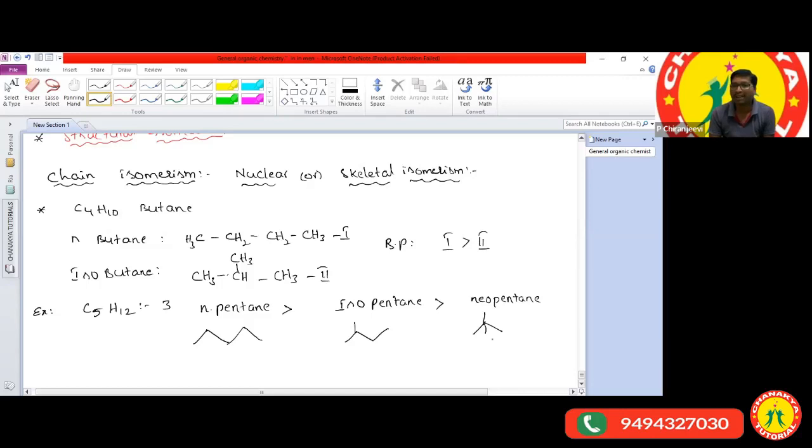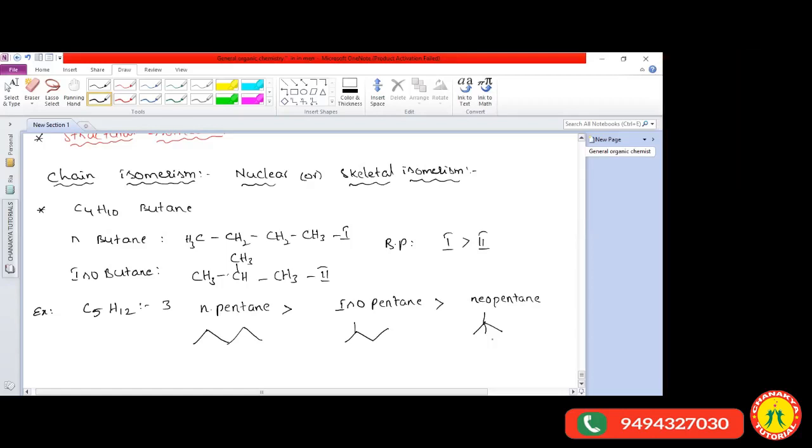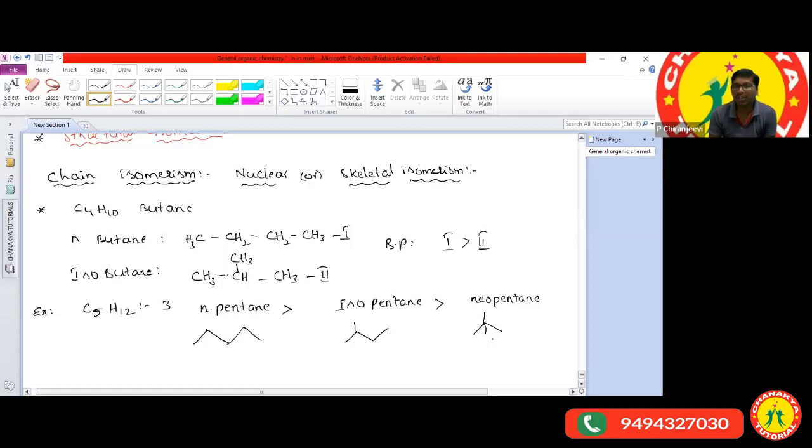Did all of you get the clarity? Does anyone still have a doubt? Then can I go to the next isomerism? Yes, sir. All these, N-pentane, isopentane, and neopentane, we call chain isomers because they have the same molecular formula but differ in their chain length.